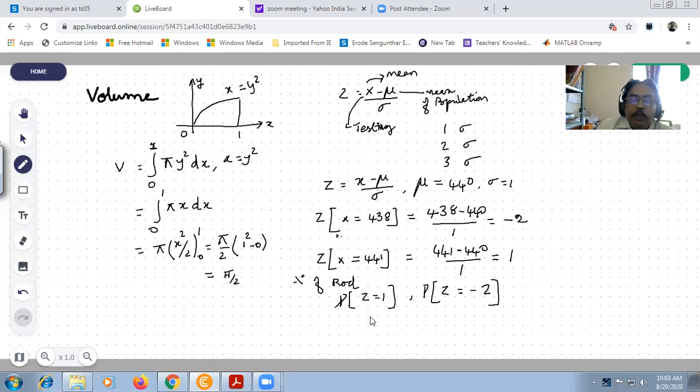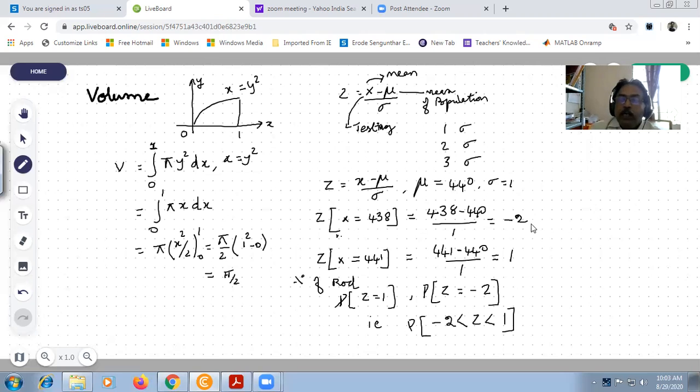That is, we have to find the probability from minus 2 less than Z less than 1.